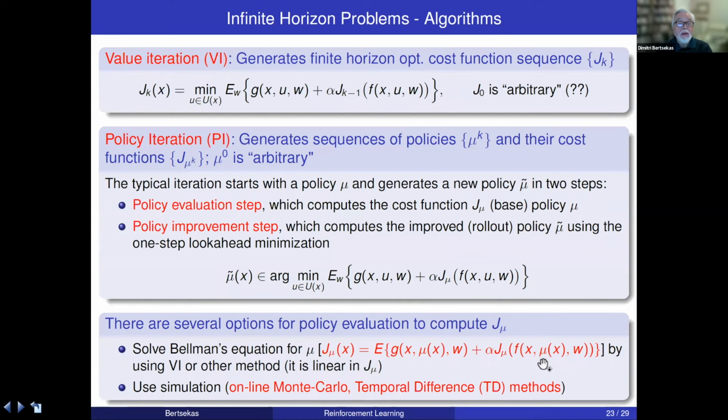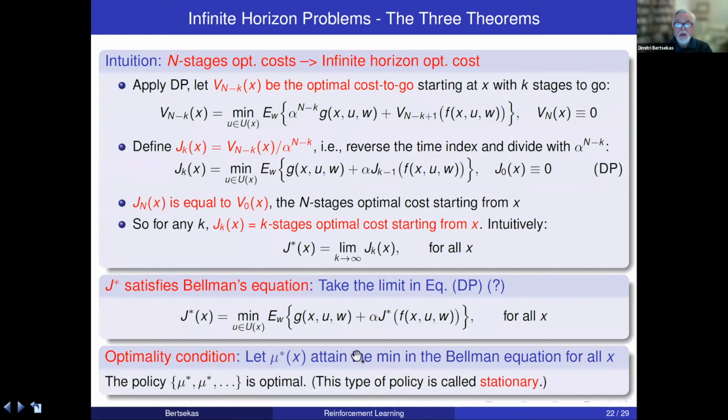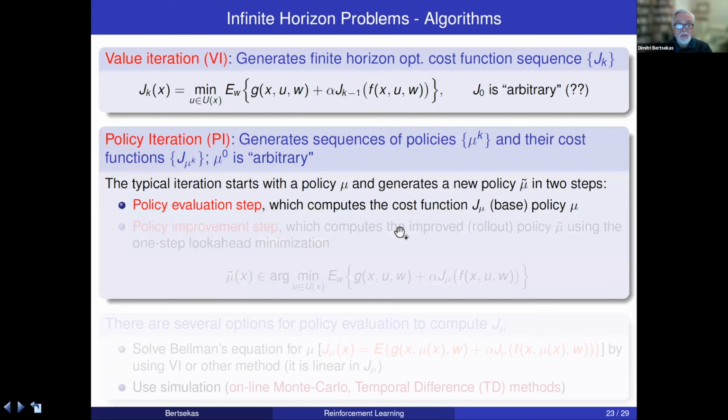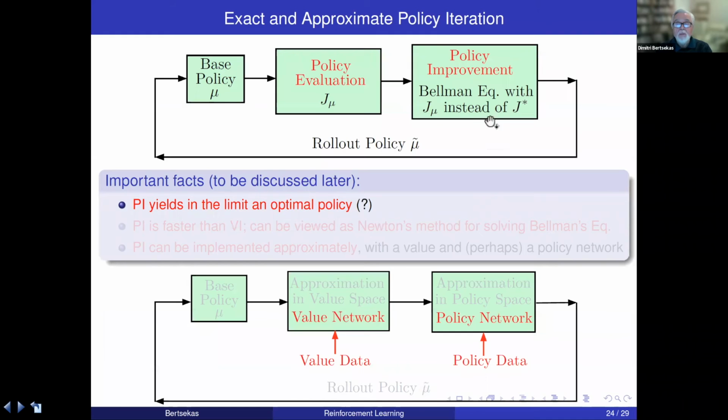So we have three theorems and two algorithms. And going back to policy iteration, this is a schematic of the exact form. We have a base policy.